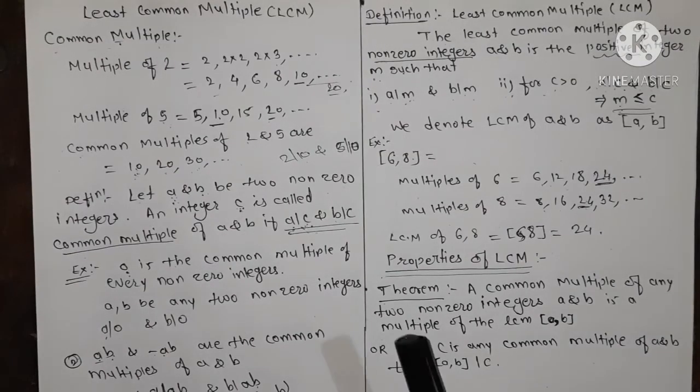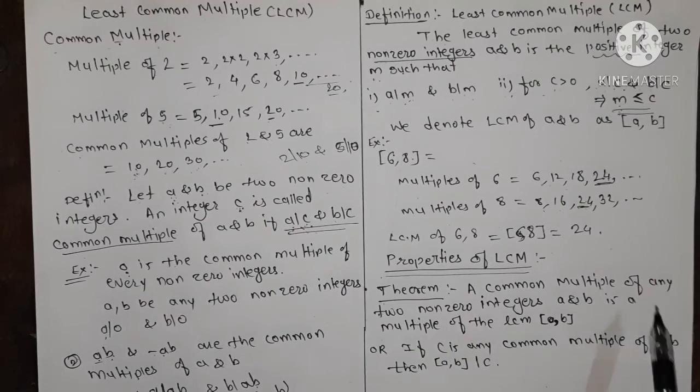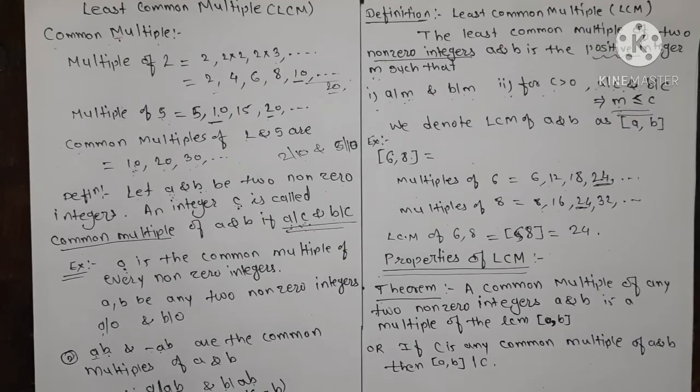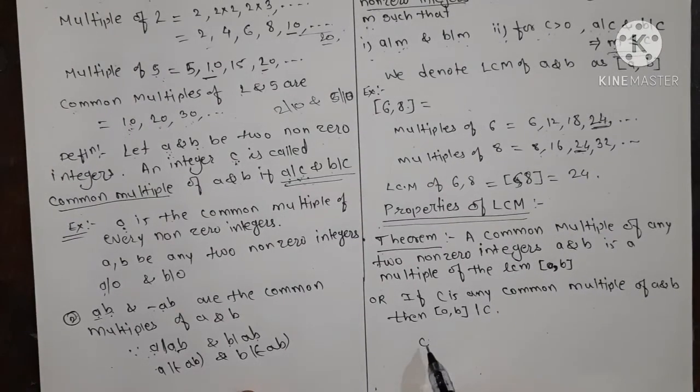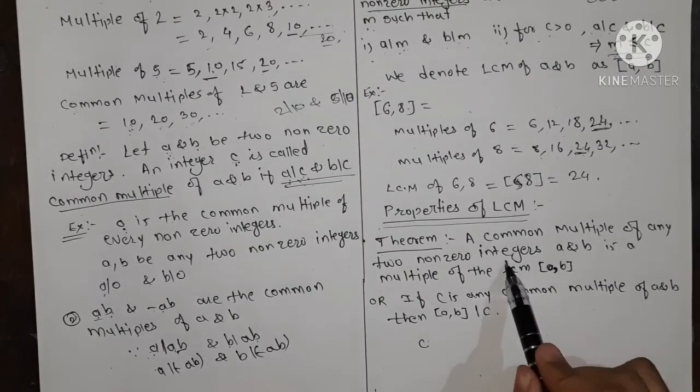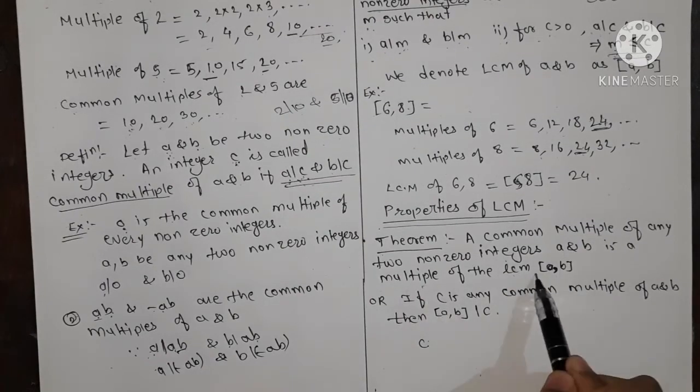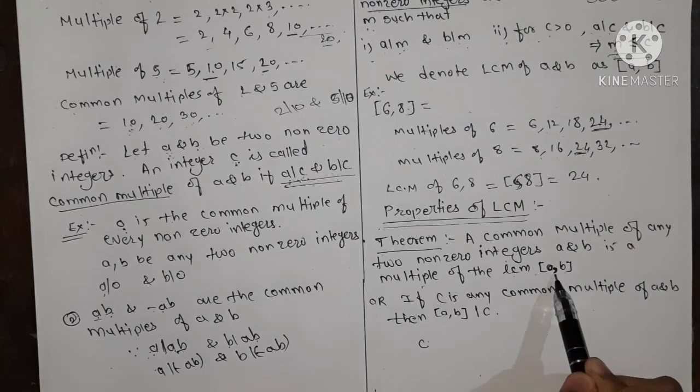our first property is nothing but the theorem which states that a common multiple of any two non-zero integers a and b is a multiple of the LCM. We denote this common multiple as c, and the theorem states that c is a multiple of the LCM of a and b.